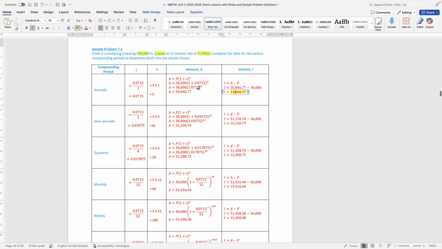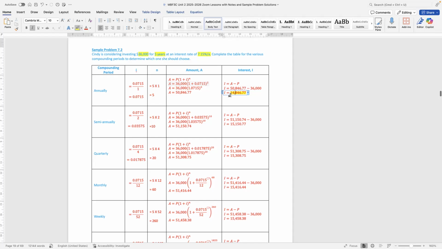Because it's an investment, I want to earn as much interest as I can. So I want to maximize my profit. I want to earn the most interest that I possibly can. So the interest I earned here was 14,846.77. Here, the interest was 15,150.77.